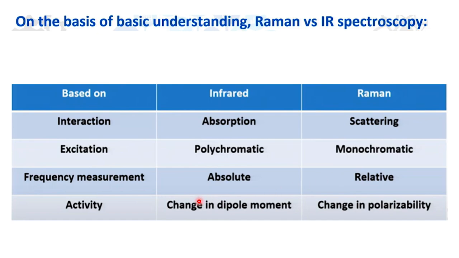And for activity, in IR the change in dipole moment must not be 0, but in case of Raman, the change in polarizability must not be 0. Whether it has a permanent dipole moment or not is not important. But in case of FTIR, the change in dipole moment is needed, that means it must have a permanent dipole moment or be a polar molecule.